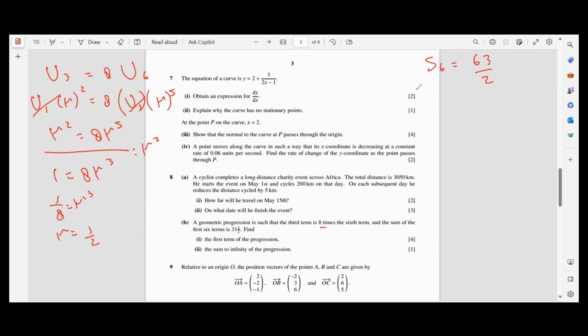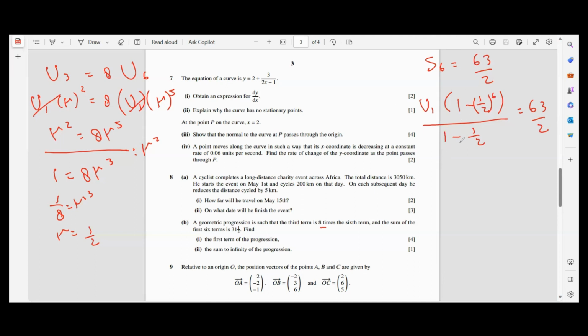Then we put the formula, S6 is u1 times 1 minus the ratio, which is half, to the power of 6, over 1 minus the ratio, 1 over 2, equals 63 over 2.